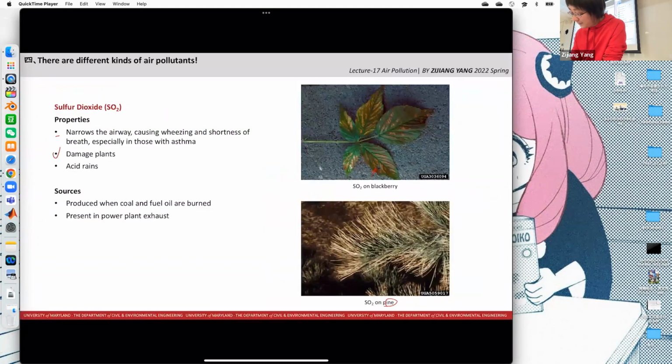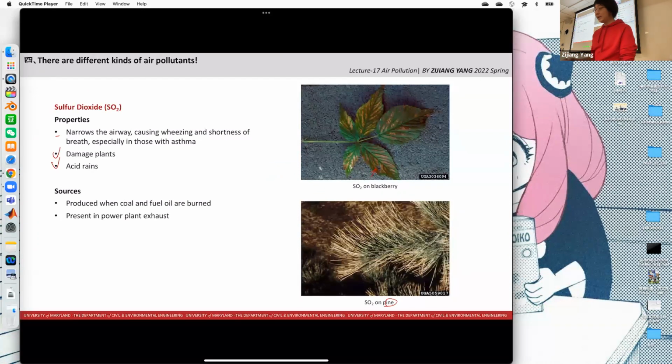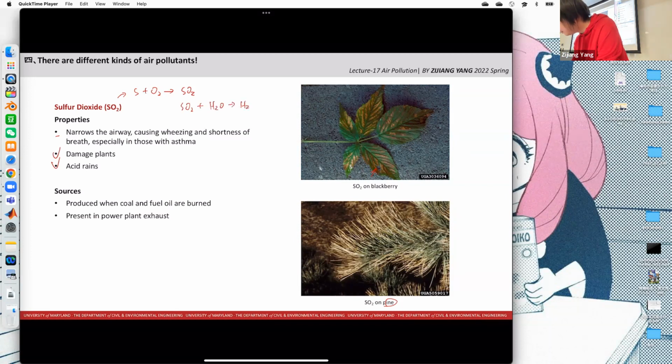And again, sulfur dioxide can also form acid rain. Basically, the sulfur in fossil fuel is burnt and forms sulfur dioxide. The sulfur dioxide can react with the water in the atmosphere to form an acid.